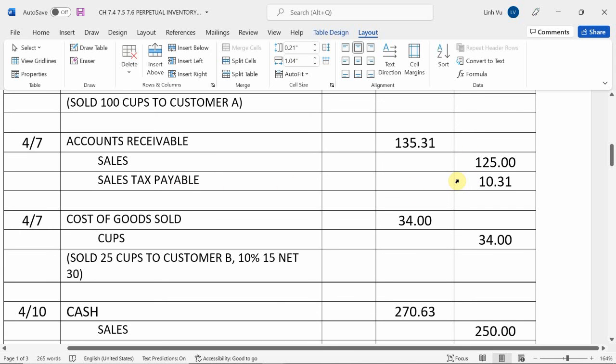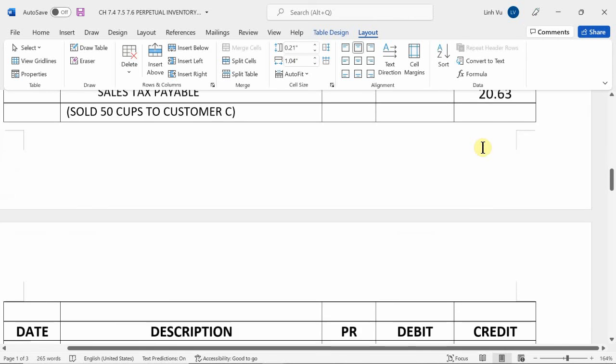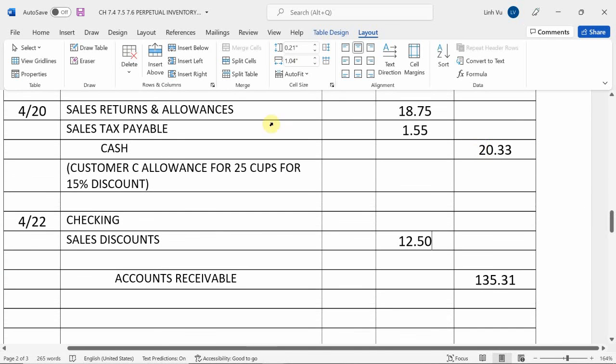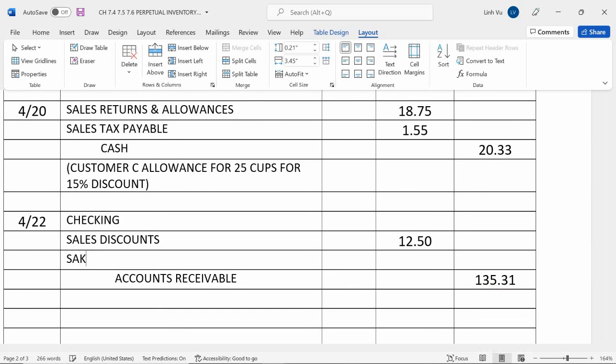So that means I also have to give a portion of that sales tax money back, because how much is customer B actually paying me? He's only paying me for 125 minus that $12.50. So how much sales tax money am I going to take off of this amount? You take 10% off the sales tax that was there.